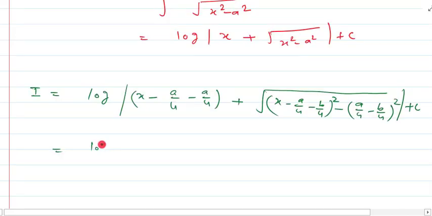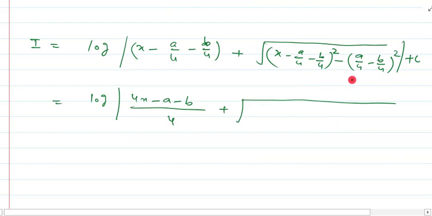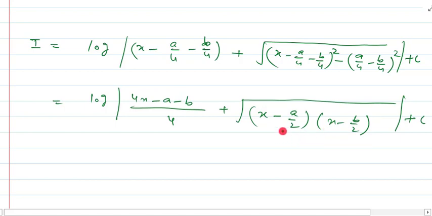Now you can simplify it as log, taking LCM, of 4x minus a minus b upon 4, plus square root of (x minus a upon 2) into (x minus b upon 2), which is what we started from. So if we simplify this again, we are getting the same result, plus c. So this is the final answer that you can write in exams.